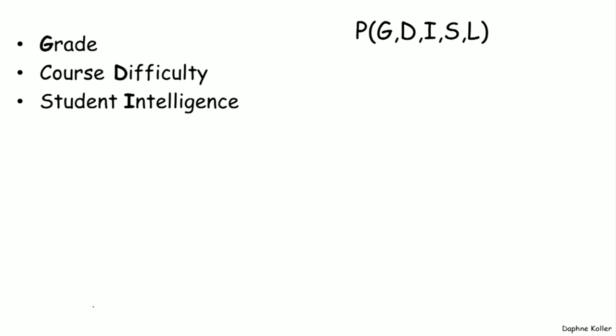So in addition to G, we also have D and I. And we're going to add a couple of extra random variables to make things more interesting. We're going to assume that the student has taken the SAT, so he may or may not have scored well, so that's another random variable, S.